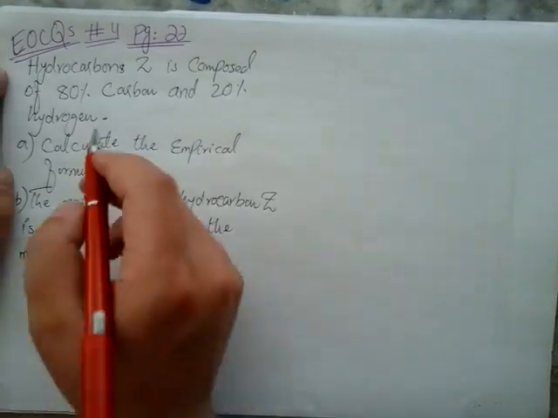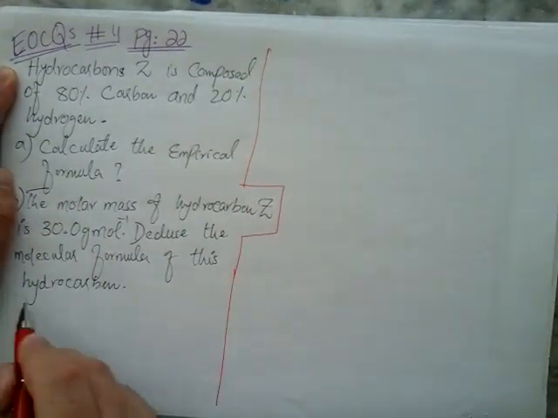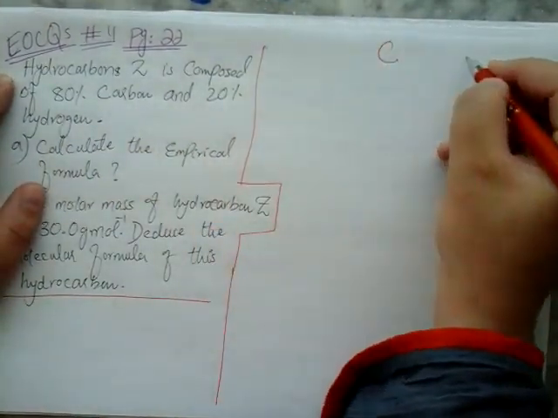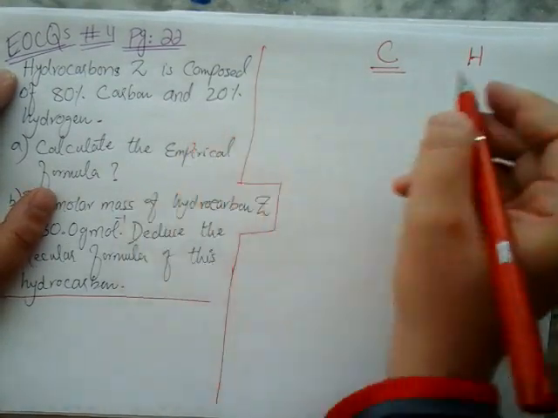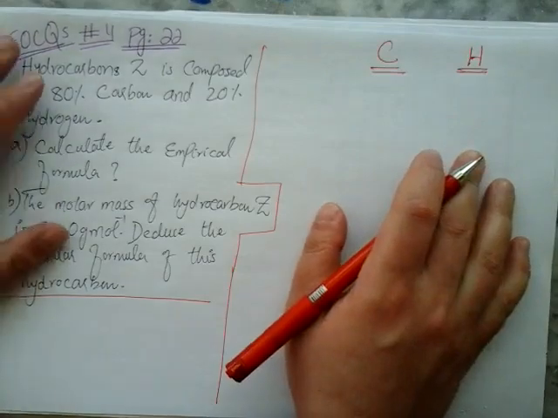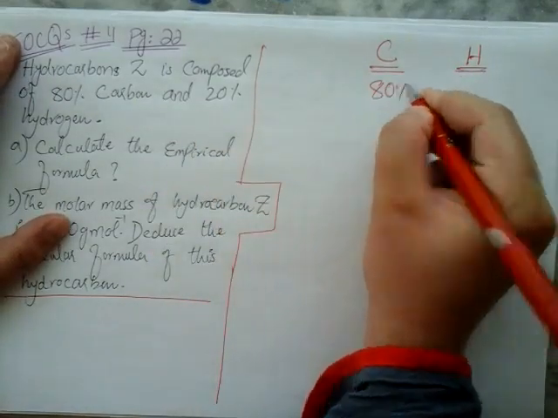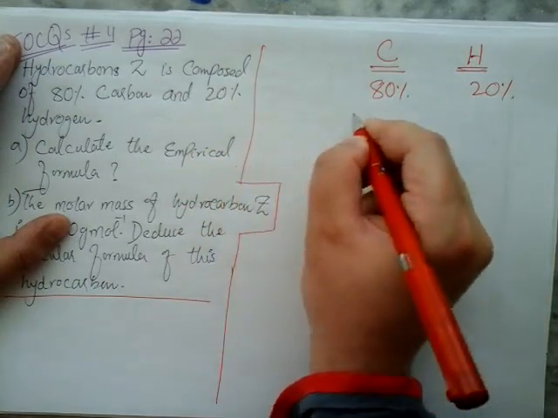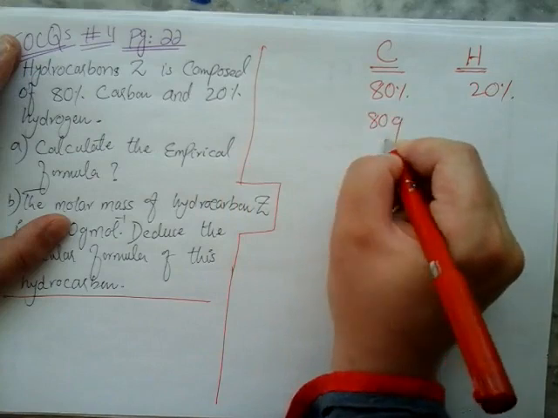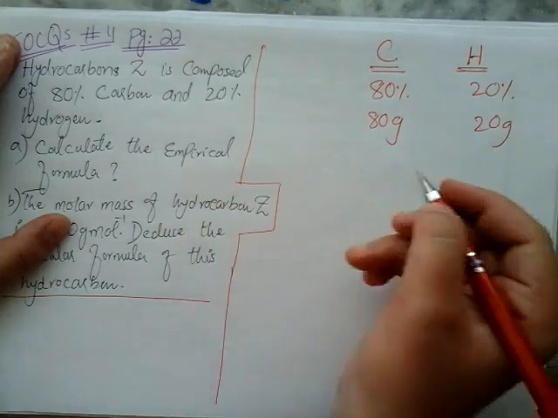In the same way, there is another question. Hydrocarbon Z is composed of 80% carbon and 20% hydrogen. Again we need to convert the percentage composition into gram weight, that is 80 gram of carbon and 20 gram of hydrogen is present in this compound.